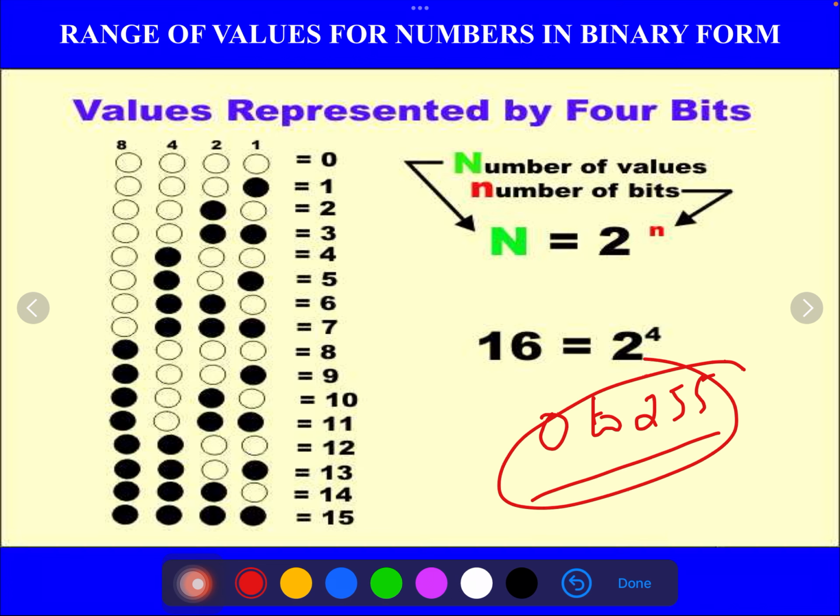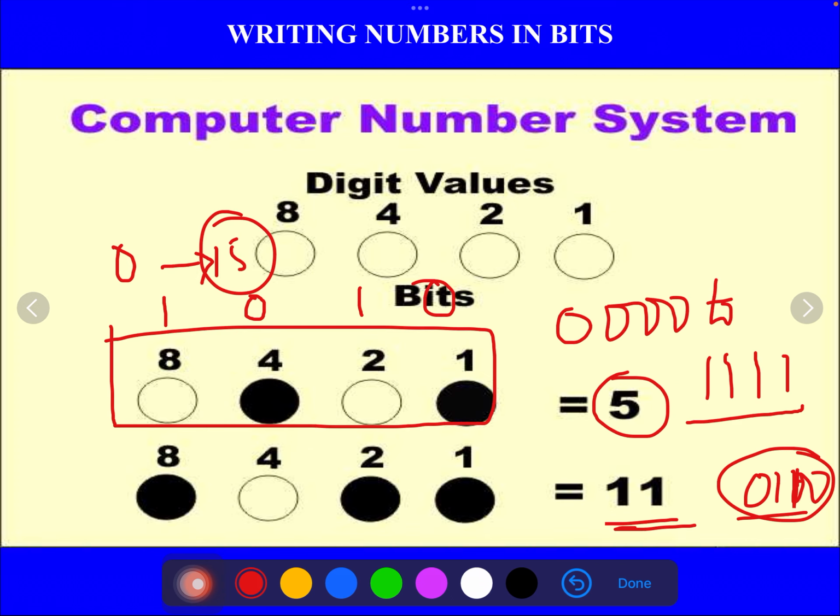Look at this: this block is 0, this is 1, this is 0, this is 1, which indicates 5. Similarly, 0, 0, 0, 1 indicates 1, and 1, 0, 1, 1 indicates 11.